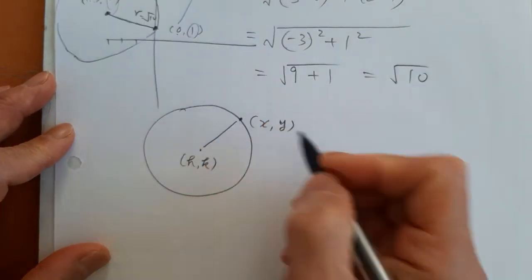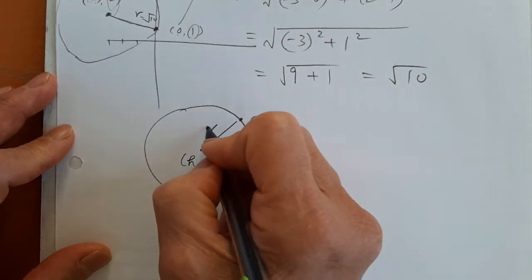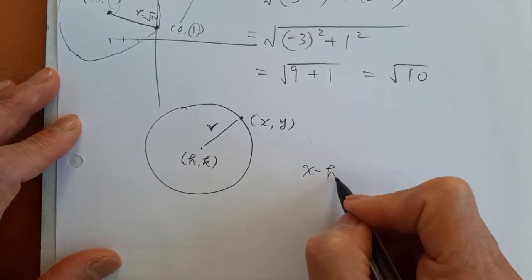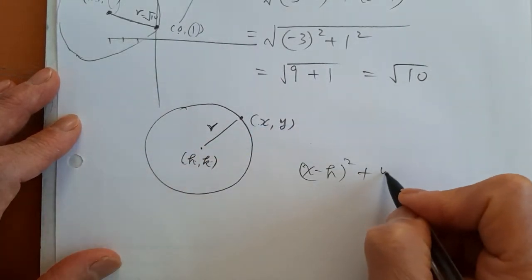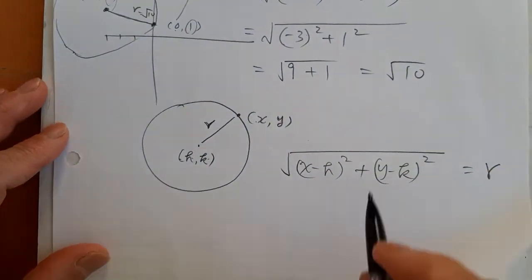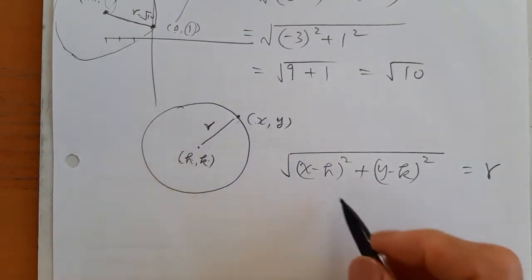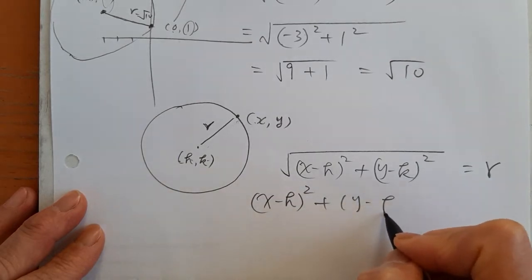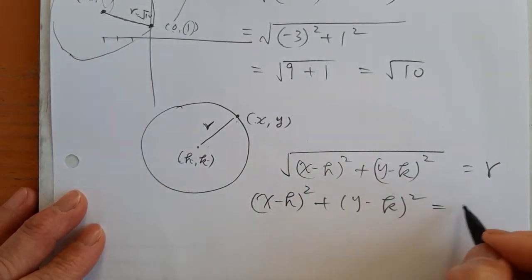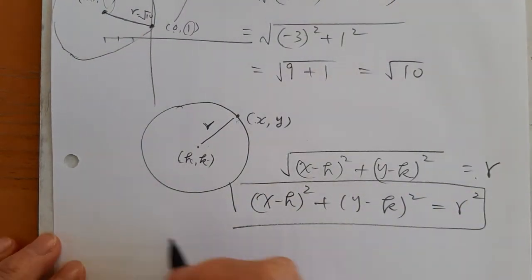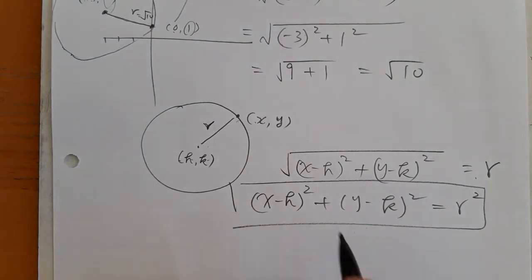The distance between the two points is r, so by the distance formula, the square root of (x minus h) squared plus (y minus k) squared equals r. Then you square both sides, the square root cancels, and you get (x minus h) squared plus (y minus k) squared equals r squared. This is the equation of the circle.